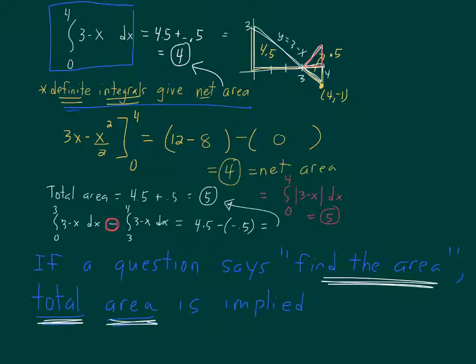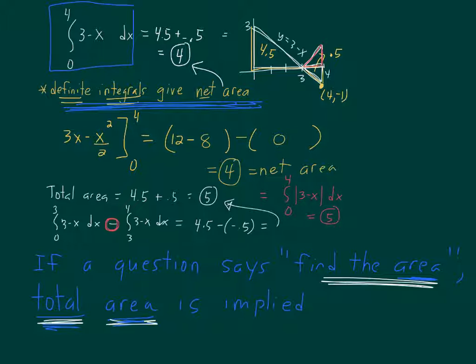That's when it's going to be a net area. That's when you're going to factor in any area that's below the x-axis and treat it as negative. Okay? So if something says find the area, we're really always looking to find total area, which means any negative area, any area below, must be treated as positive.